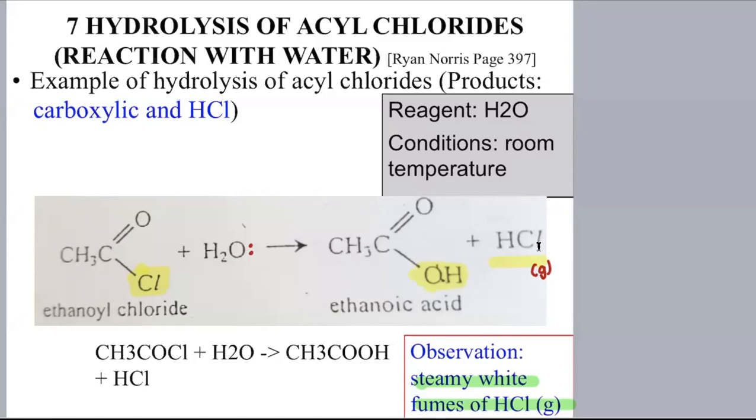There are two things: you add things and then you eliminate something. Another name for this is condensation, because water is involved. Are you done? Have you copied this down?